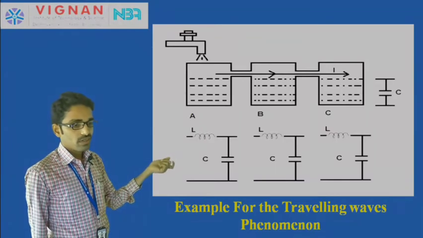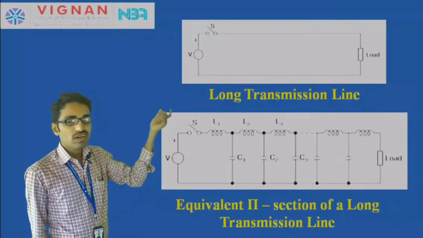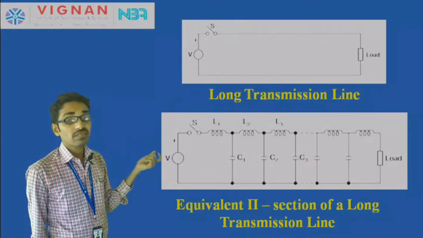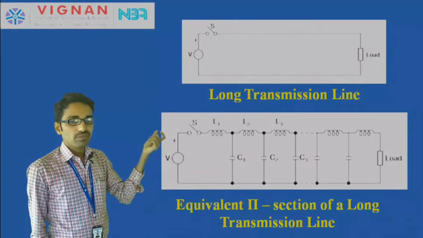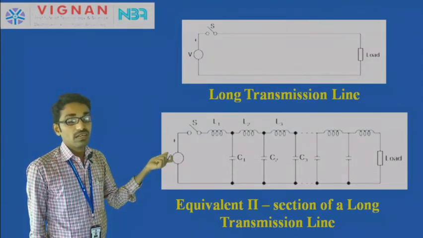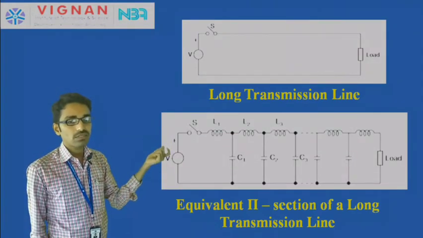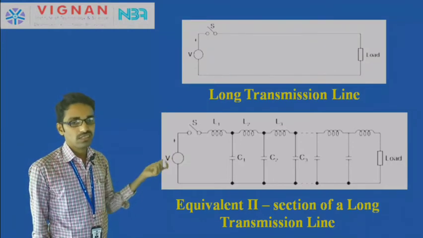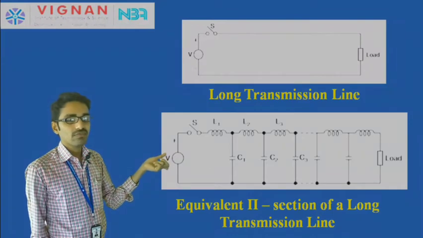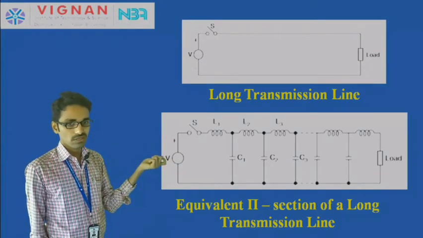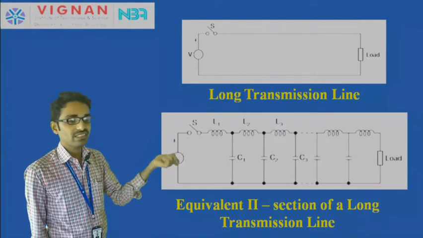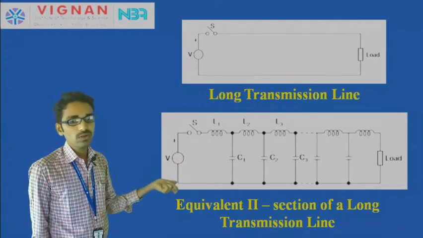When you switch on the switch S, at the starting of the closing of the switch, L1 acts as an open circuit and C1 acts as a short circuit. That means the voltage across the capacitor C1 at the starting, when the switch is closed, is equal to 0. At the short circuit, voltage is equal to 0.